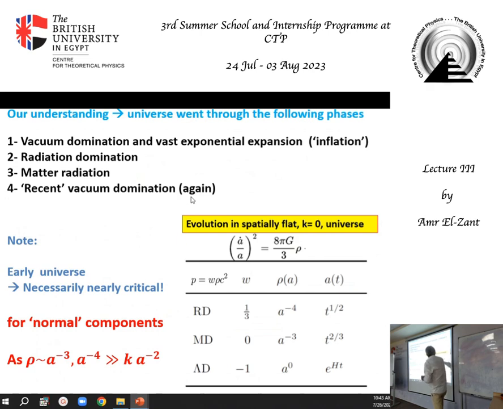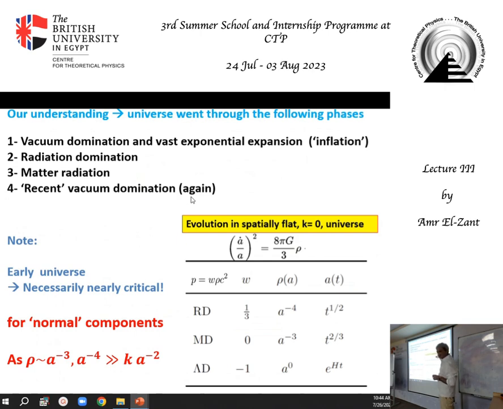So you put it here and you integrate and you get these things. Okay? So you get t to the 1/2 for radiation, t to the 2/3 for matter, and quite importantly, for the cosmological constant and for early inflation, they're similar, you get exponential inflation. So, basically, if you put rho as constant here, can you see this? You get a log equals something. So therefore, a is exponential in time.